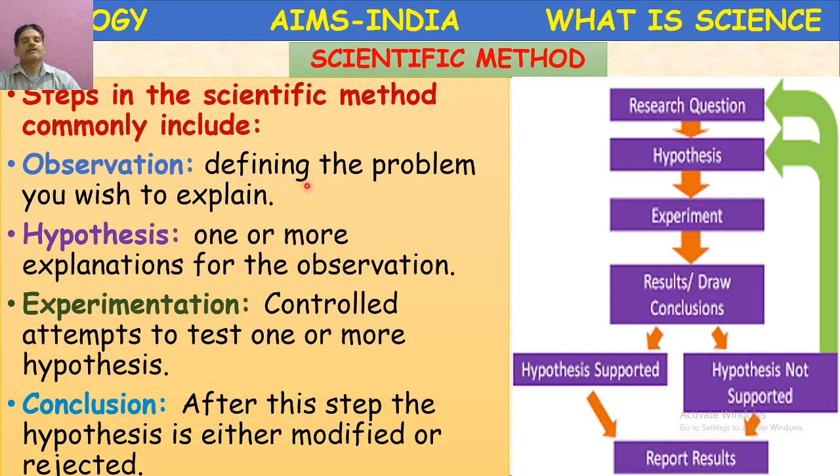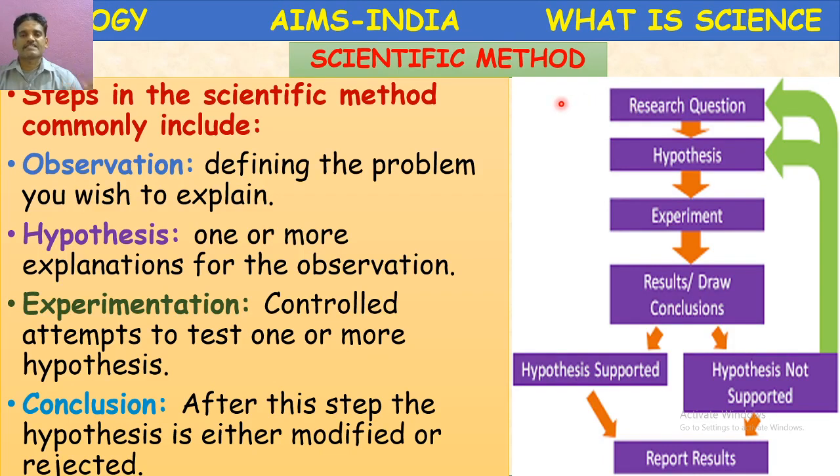Observation is nothing but defining the problem you wish to explain. First, you have to define the problem. So that problem, by means of questioning, research question first. You should possess a clear-cut idea of what you want to discover, what you want to invent, and how.